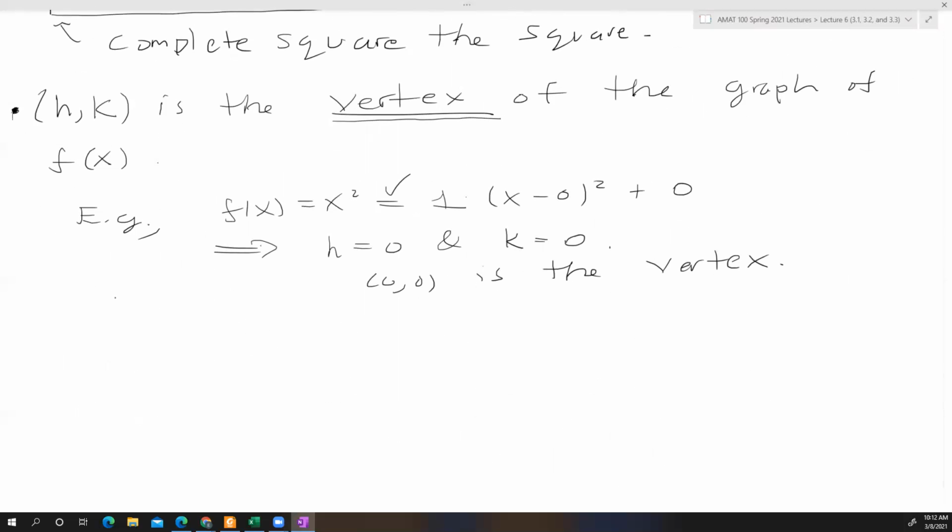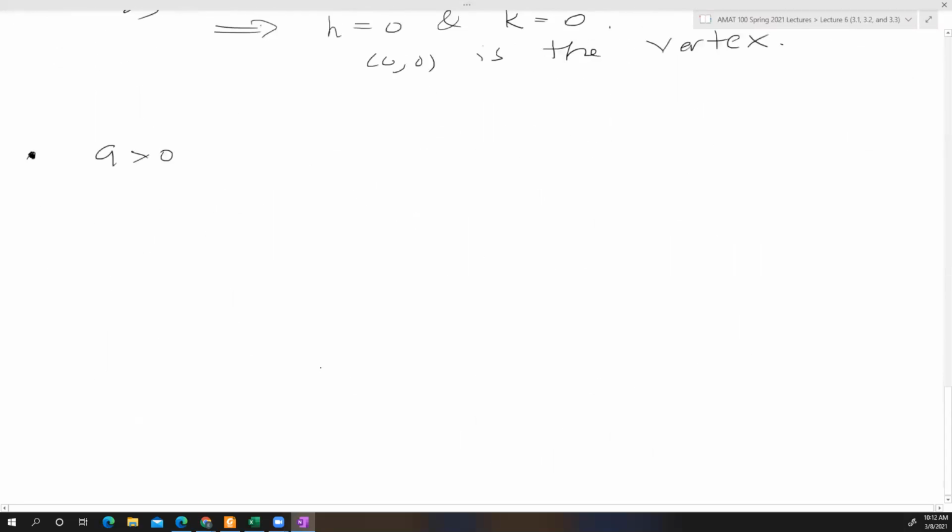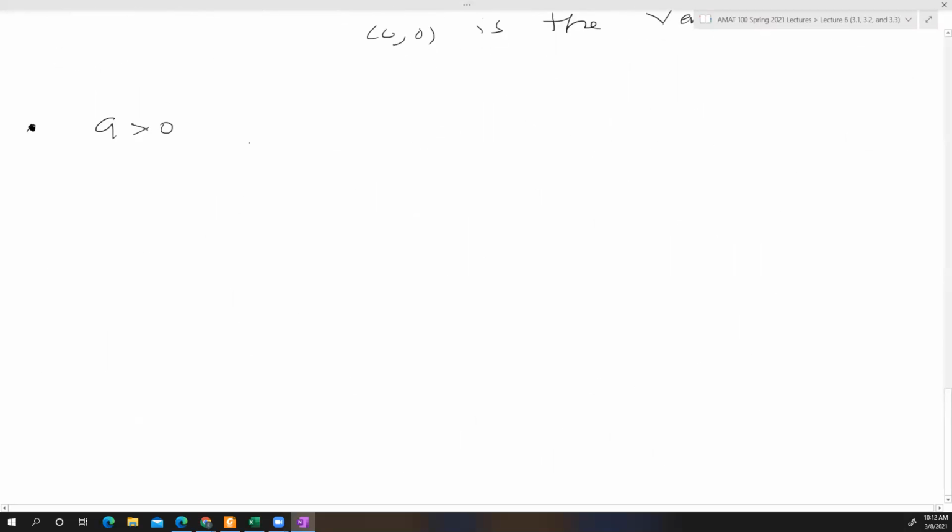The next one is the sign of the coefficient a. So we have these two cases. If a is positive, then our graph might look something like the following.